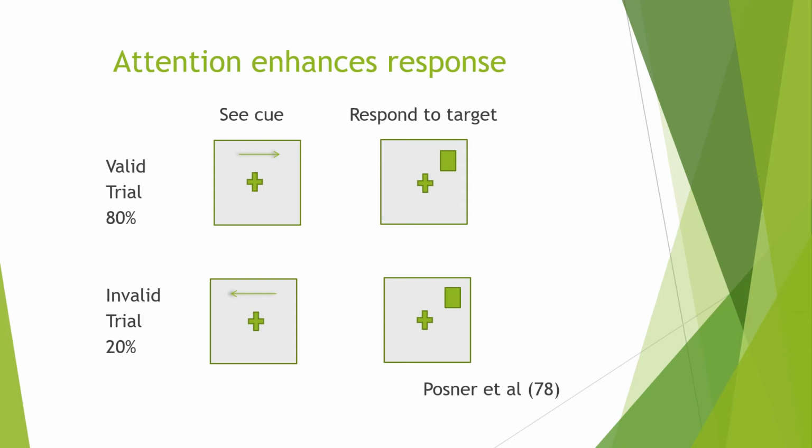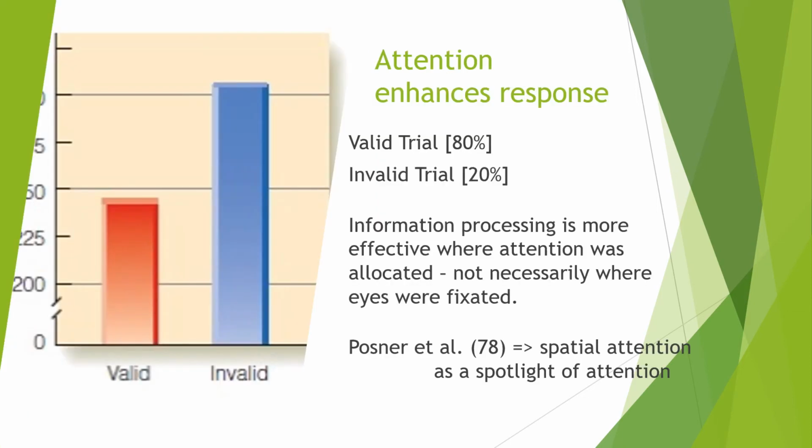What's important here is that the valid trials were valid most of the time, pointing in the right direction, and the invalid trials were pointing in the wrong direction, but just 20% of the time. And while you're probably saying, of course, that's what happened, you have to do these studies before you know that this is what's going to happen.